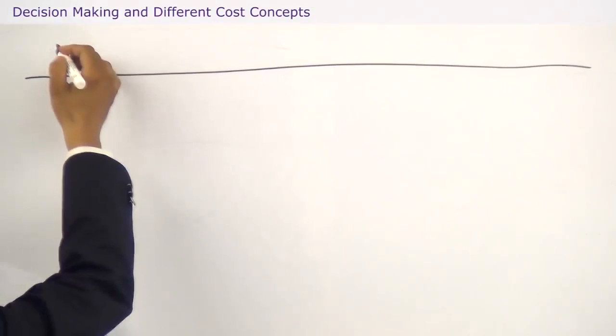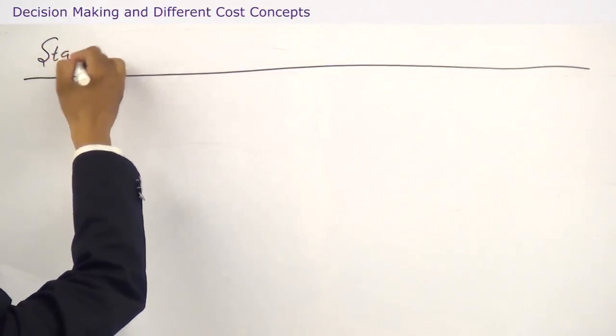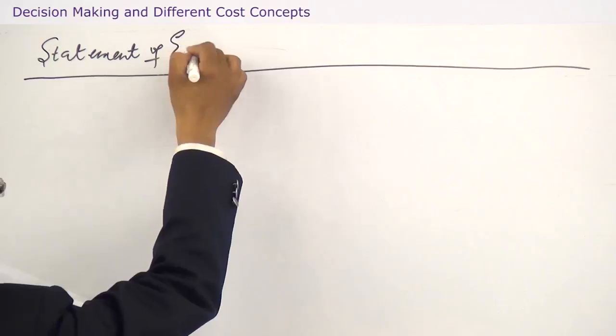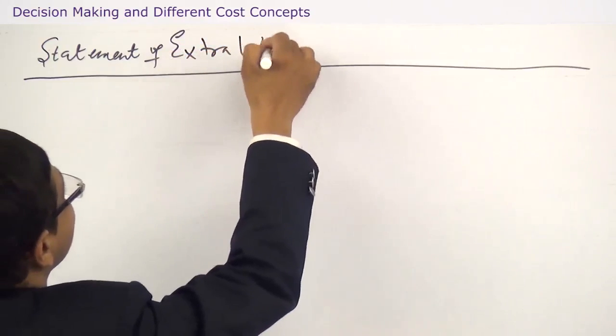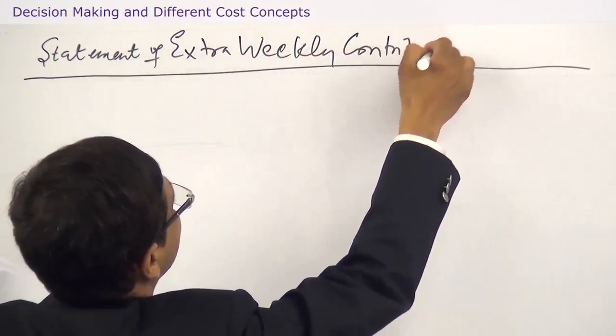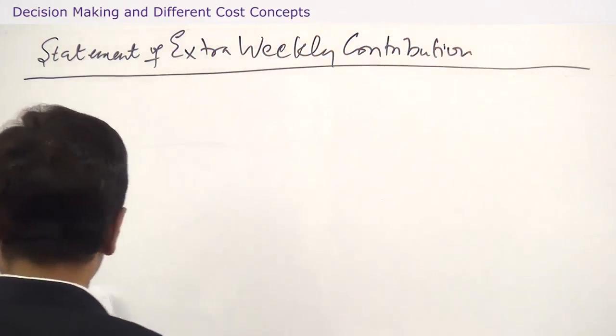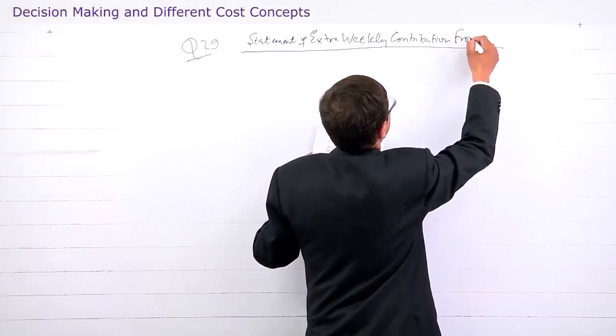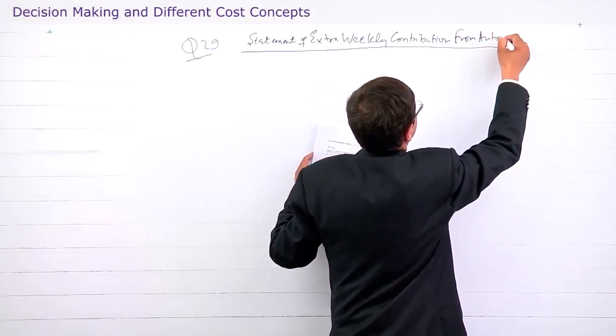This is going to let me know the statement of extra weekly contribution from automation, right?